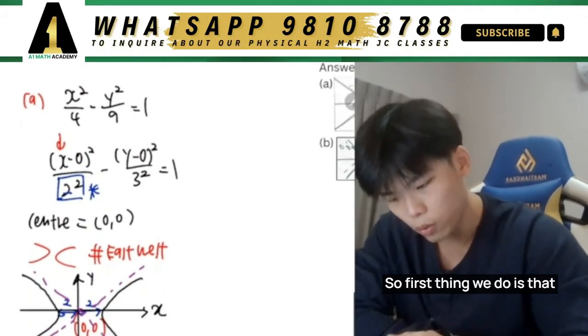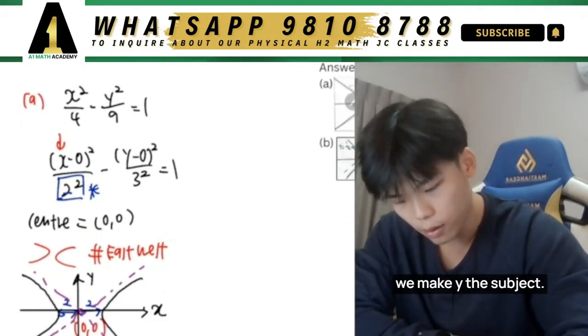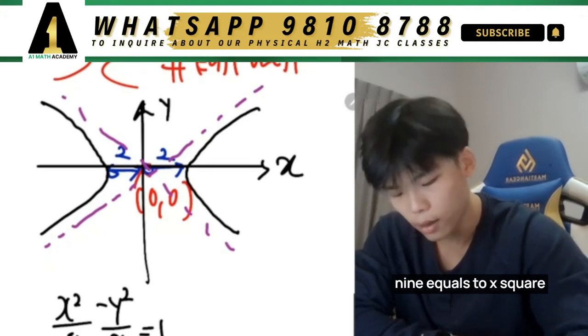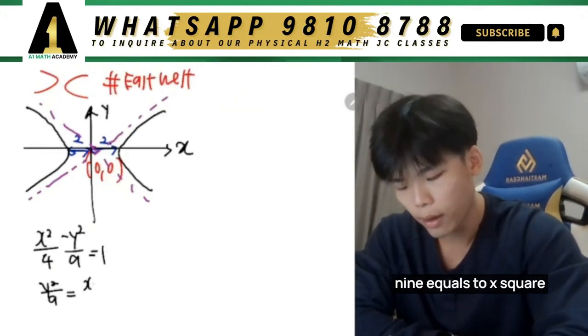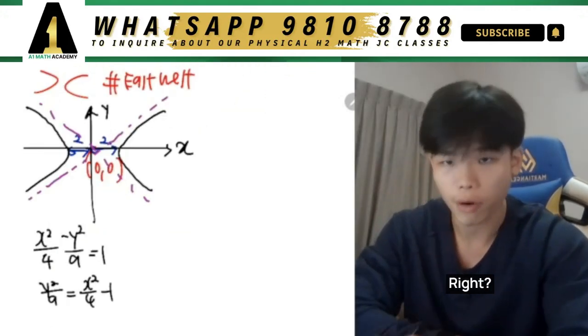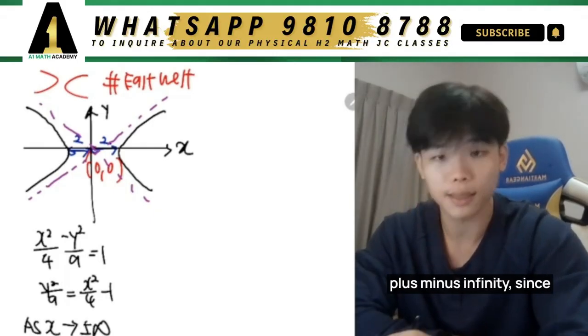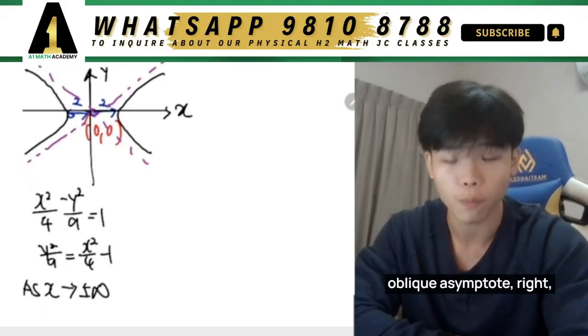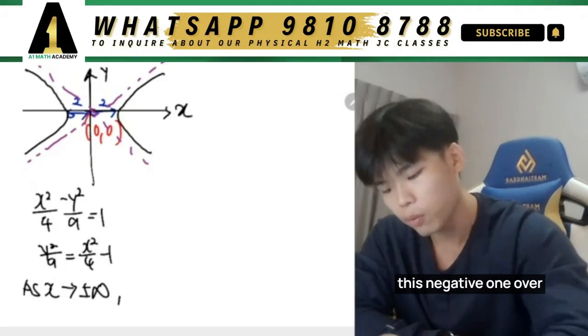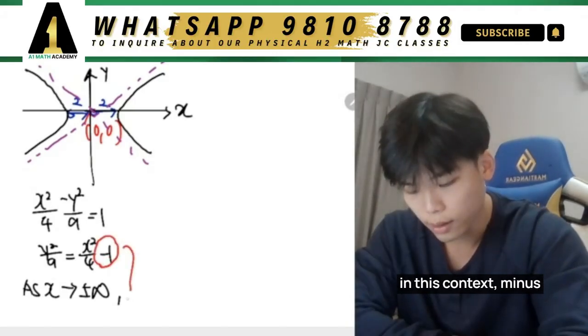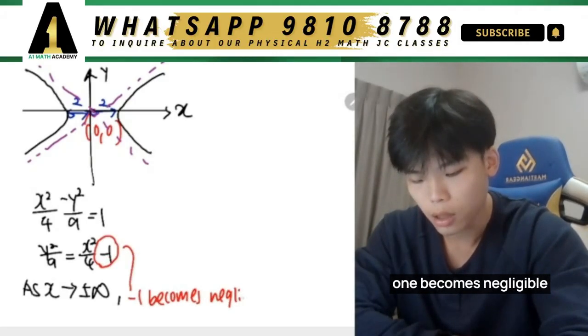So first thing we do is that we make y the subject. I'll have y squared over 9 equals to x squared over 4 minus 1. Now, as x approaches plus minus infinity, since we know that this is an oblique asymptote, this minus 1 becomes negligible.